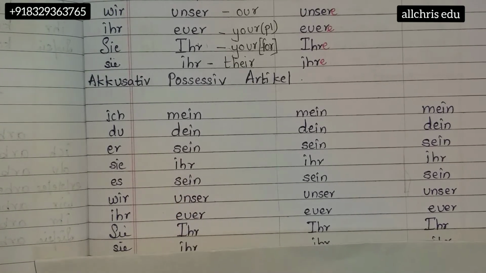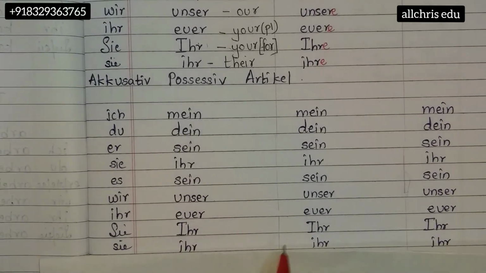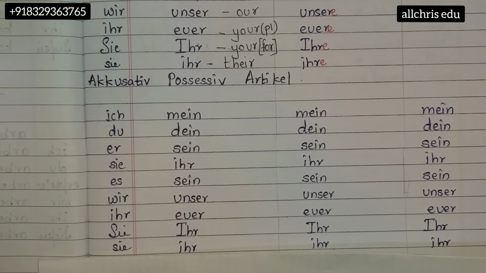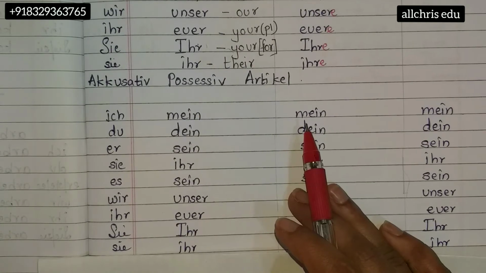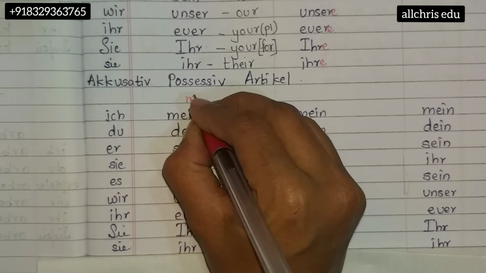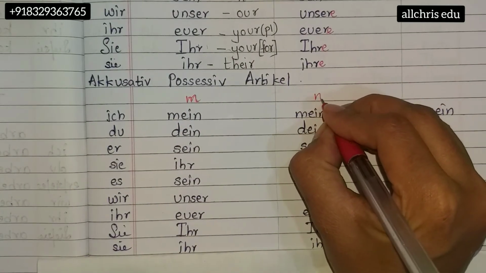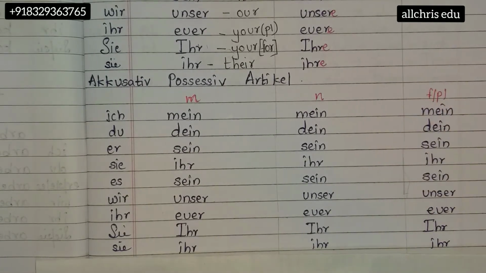So now what happens over in accusative possessive article, children? The outside the margin personal pronoun will remain same. Root words are same. But instead of 2 columns, now we have to make 3 columns. Yeah. Here the first column is named as male. Second column is named as neutral, and third is female and plural, like previous chart.